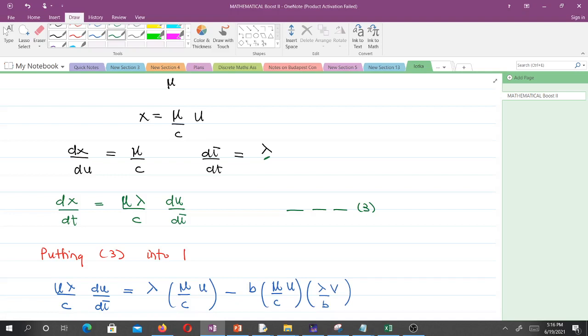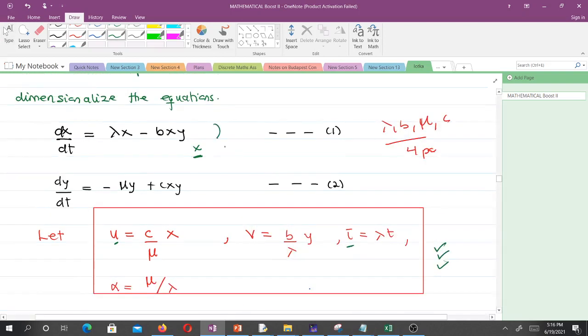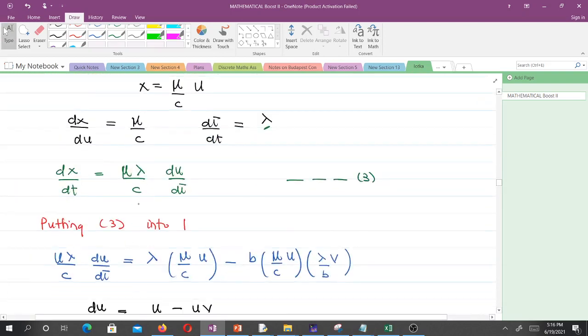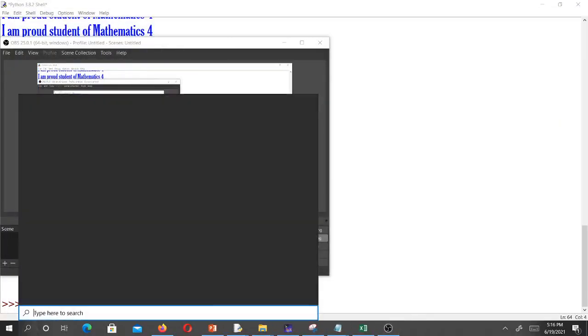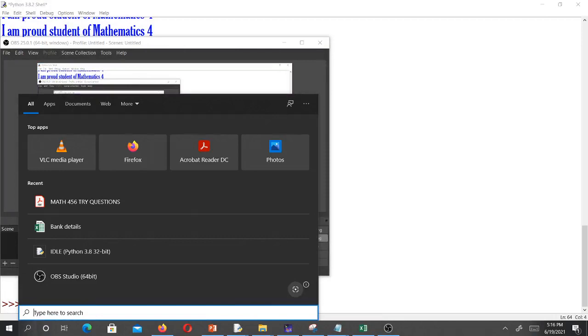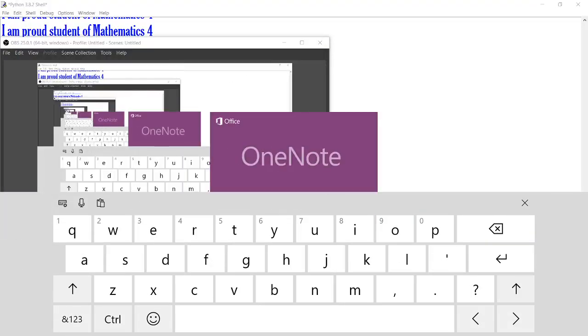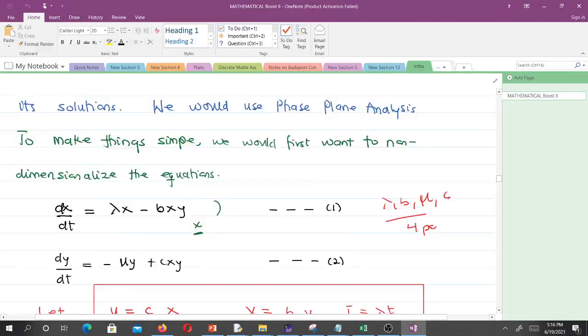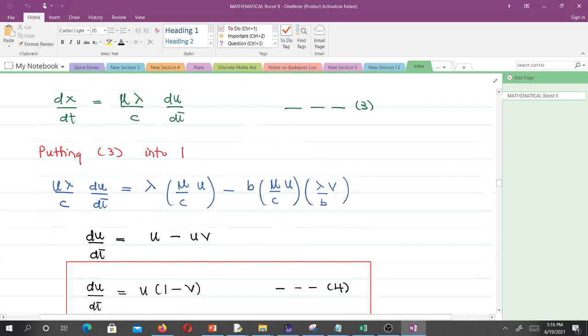Alright. So when you put equation 3 into equation 1, wherever you find dx/dt, we put this there. So we have to make that substitution.